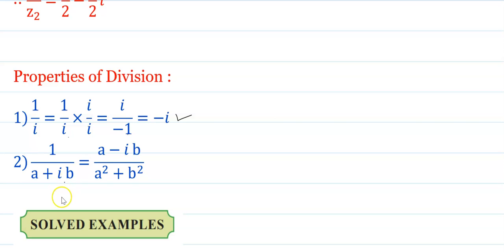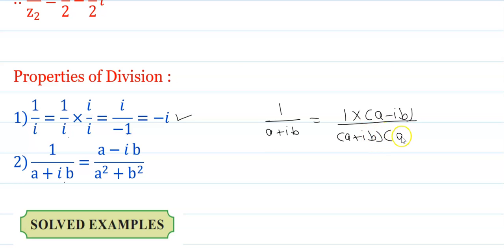1 upon a plus ib, again multiplied n and d by the conjugate, that is a minus ib. So 1 upon a plus ib is equal to a minus ib upon, multiplying n and d by a minus ib. Here a plus ib is multiplied with a minus ib.